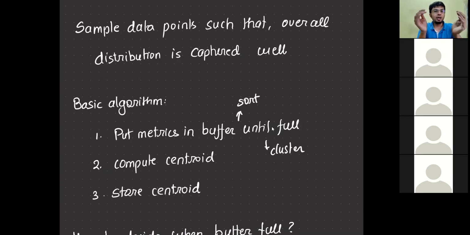Let's say I got 50 points, each with the value of 10. Every value is exactly the same, 10. So would it matter if I store all 50 values, or I can just store 10 and say I got 50 values that represent 10?